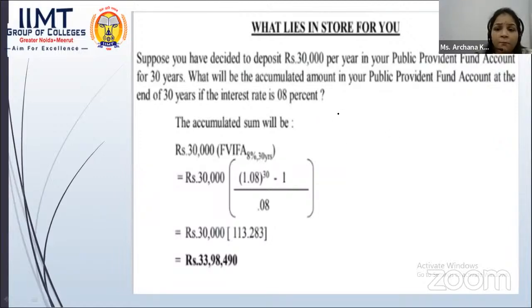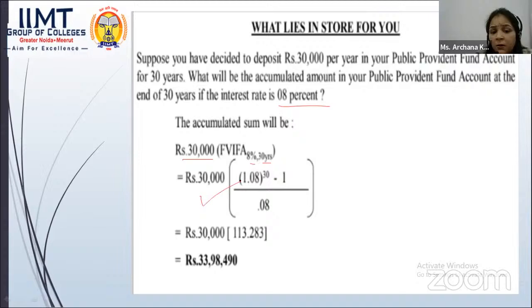This is the case of PPF. We are making an investment in PPF of rupees 30,000 per year for 30 years. You want to calculate the value of your PPF account at the end of 30 years. If we are getting an 8% interest rate, it's very simple. You can use the PVIFA table and multiply it with the investment which you are making every year, for 8% interest rate and 30 years as the number of periods.